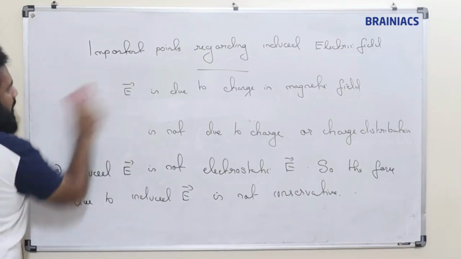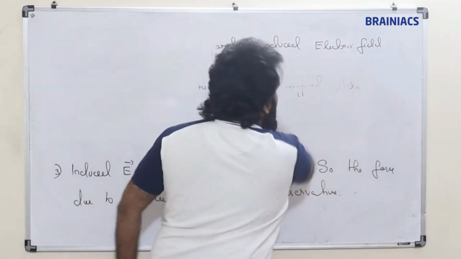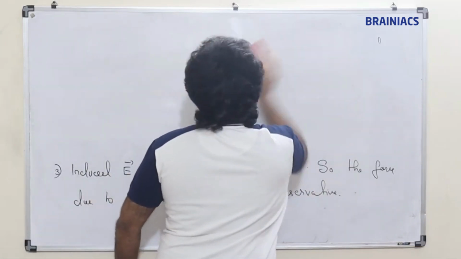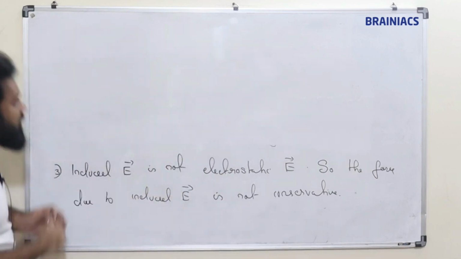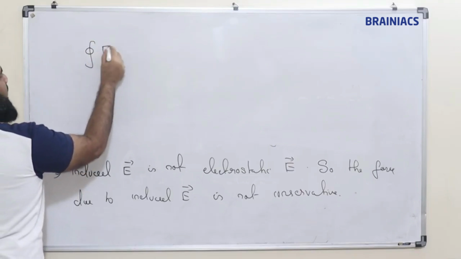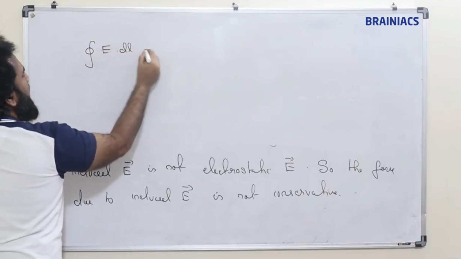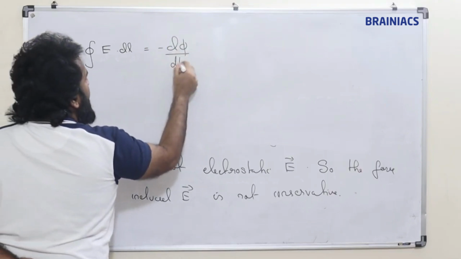Okay, now what is the relation involving the induced electric field? See, the closed integral of E dot dl is equal to minus d phi by dt.